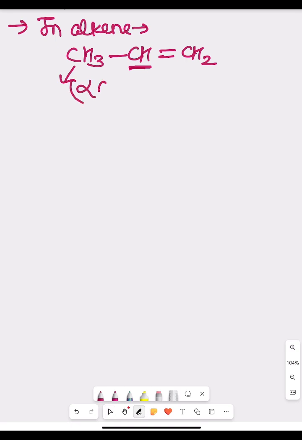This is your alpha carbon. Alpha hydrogens: 3. Let me take you through more examples.